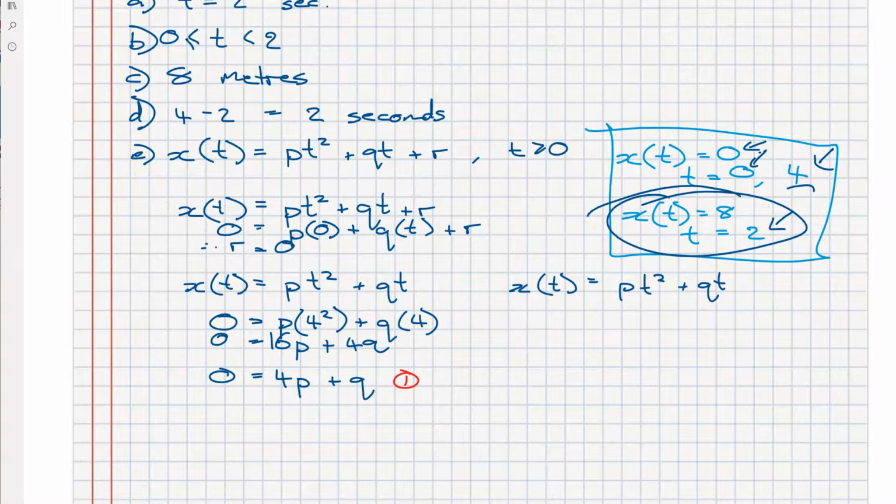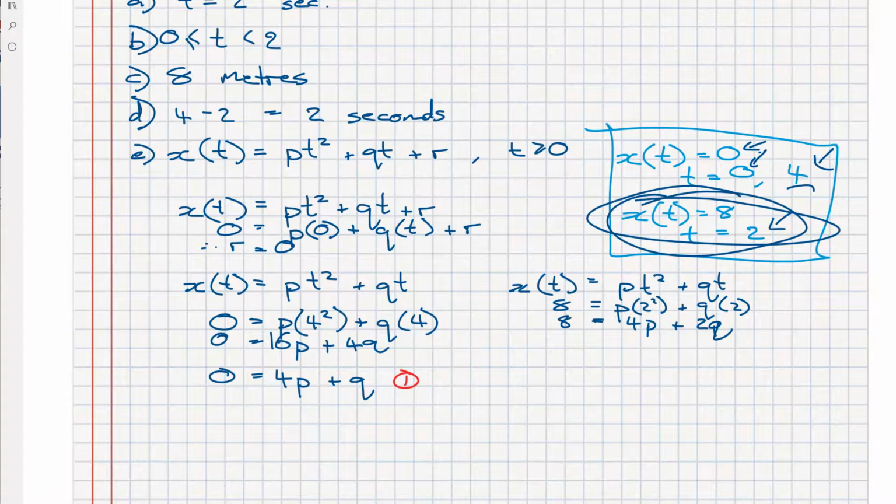Now going for our second model, we're going to use this guy here. So x of t is going to equal 8 when t is equal to 2. Dividing both sides by 2. Easy. So now we've got 2 models and 2 unknowns.